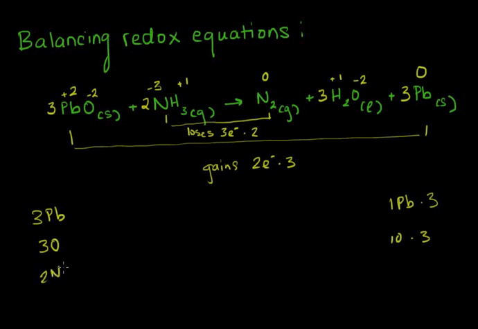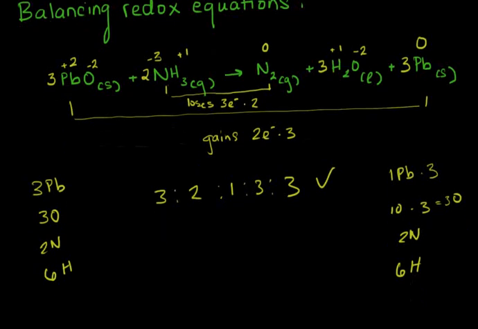So 2 nitrogens, 2 nitrogens. And then finally, hydrogens. We've got 6 hydrogens over here, and that works because we've got 6 hydrogens over here. So this turns out to function in a 3 to 2 to 1 to 3 to 3 ratio for our coefficients, and this redox equation is now balanced.